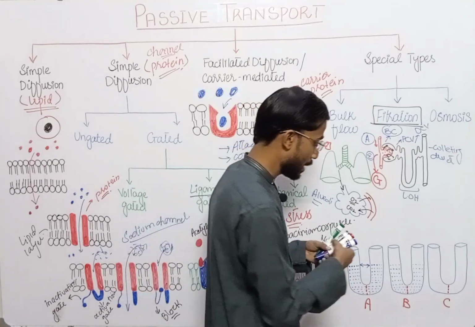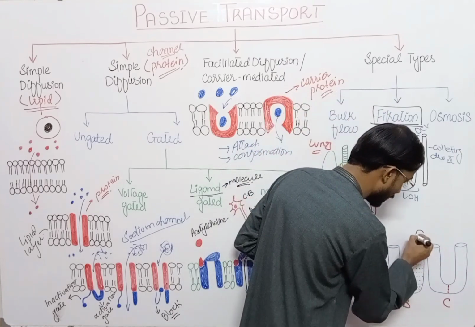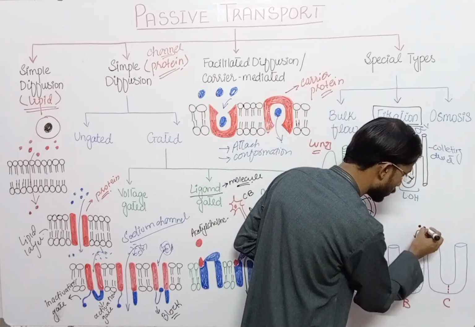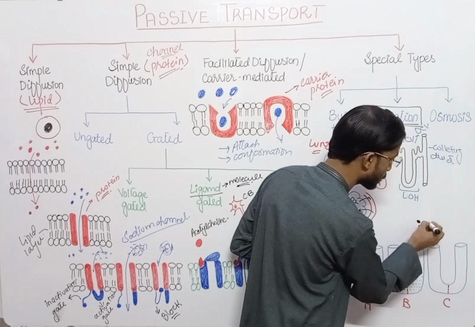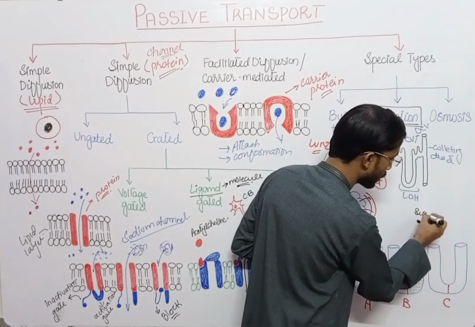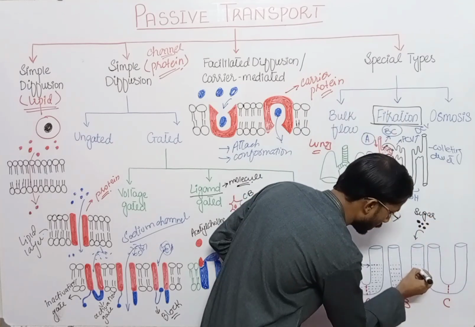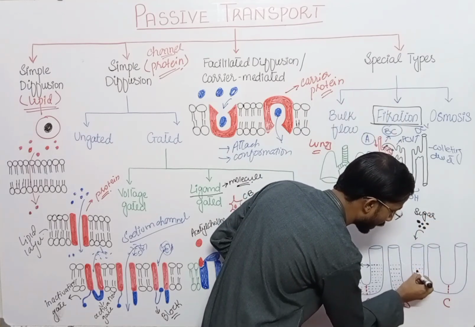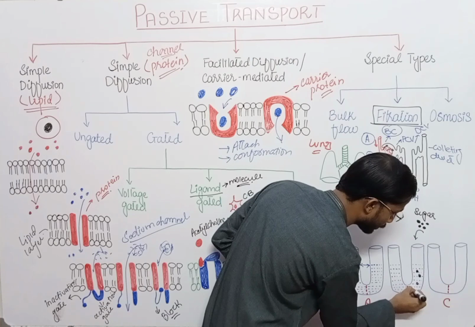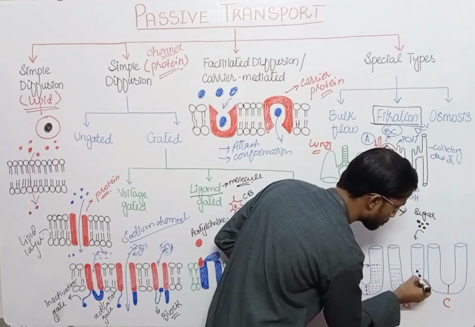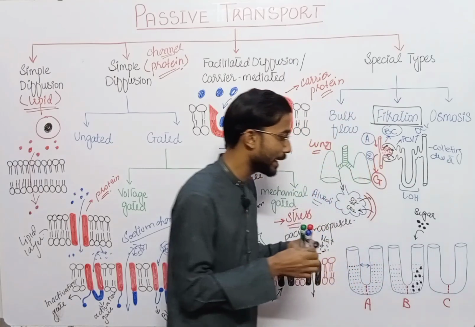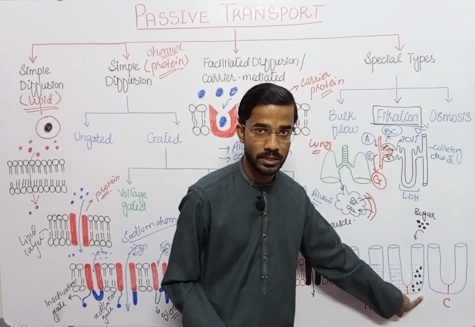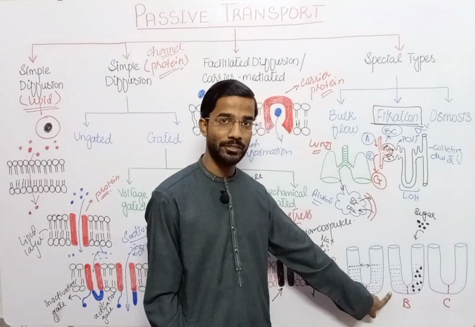But if we start adding some solute molecules or particles, let's suppose sugar, on the right side of the tube, then what will happen? Now the right side of the tube has high solute concentration relative to the left side.